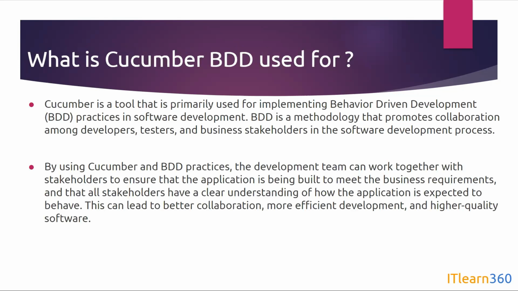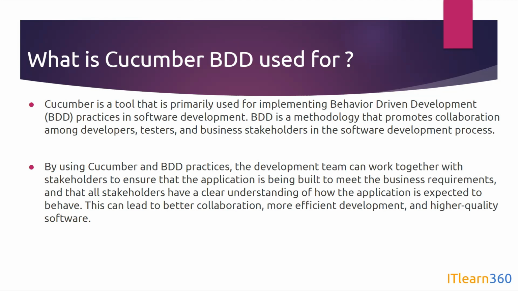Now, this is one of the most favorite interview questions: what is Cucumber BDD used for? BDD stands for behavior-driven development. Cucumber is a tool that's primarily used for implementing BDD frameworks. BDD is a methodology that promotes collaboration among developers, testers, and business stakeholders. It's a scenario where all of them come into one place and can easily communicate among themselves.